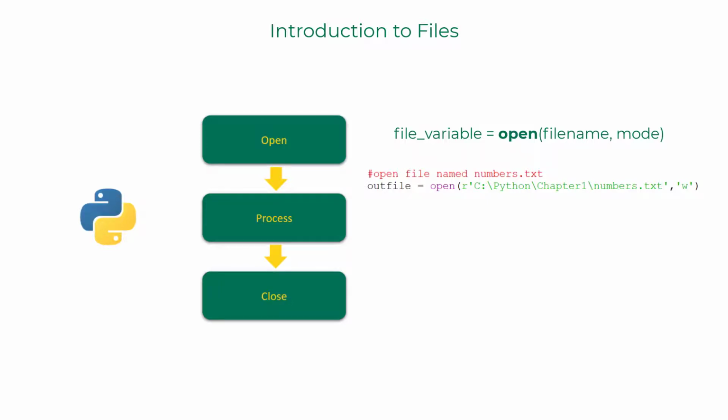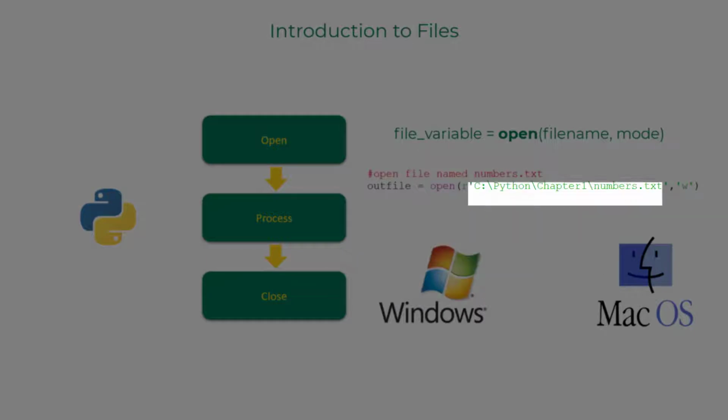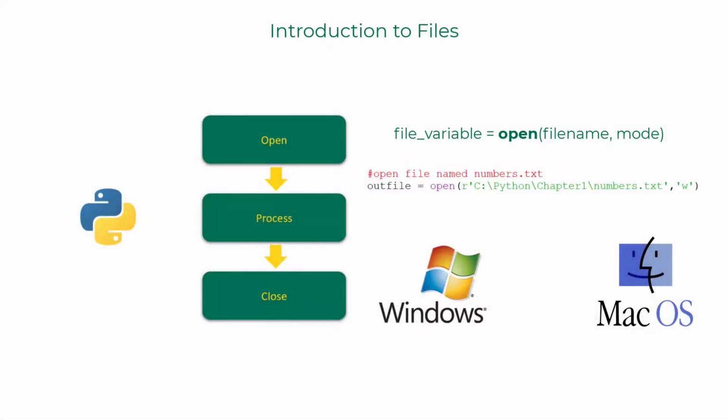But we will run into problems, especially on Windows computers, because the file path consists of backslashes, which are also used for escape sequences like \n for new line and \t for tab space, which you have seen earlier. Hence, as a workaround, you can specify the letter r in front of the file name string. This tells the Python interpreter to read the file name as a raw string.